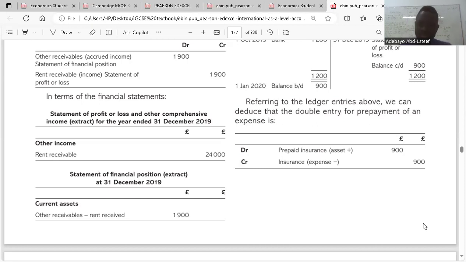For accrued expenses, this means we have received some services that we have not paid for. In the statement of profit or loss, we will have the total figure, and the amount yet to be paid will become other payables in our statement of financial position. So that is how we prepare accrued income and accrued expenses.